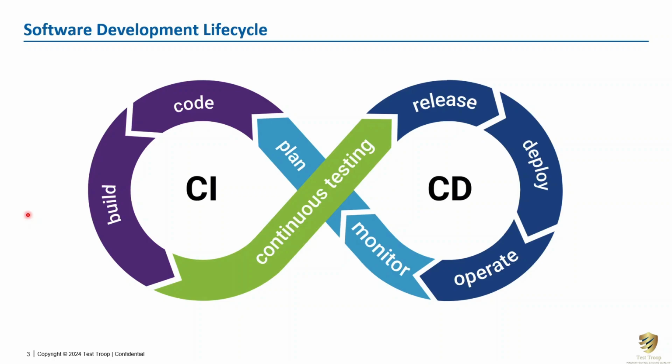Before we deep dive into CI/CD, it is important to first understand the phases of the software development lifecycle. In any organization or project, the software development lifecycle consists of different phases.